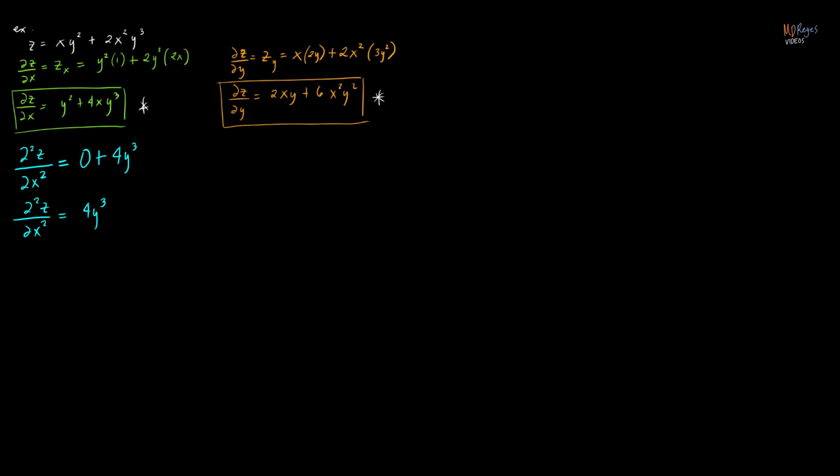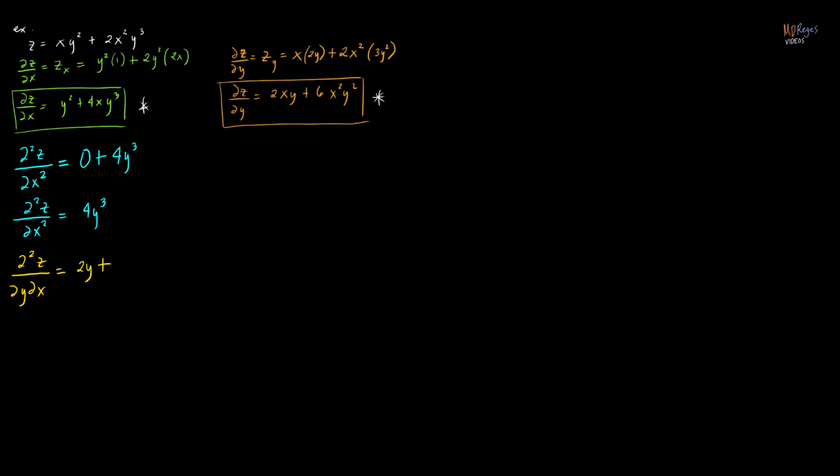Now, what is the second partial derivative of z with respect to y, the first partial with respect to x? We'll still be differentiating this function, with respect to y this time, so we'll take x as a constant. The derivative of y squared with respect to y is 2y.